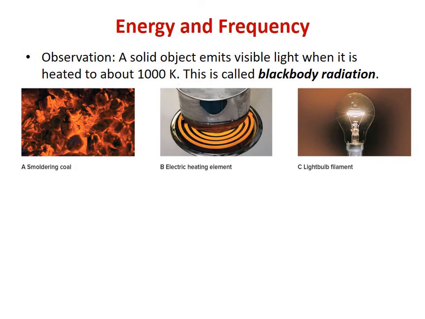We all know that when an object is heated to a high temperature, it emits visible light. In fact, all objects emit light, and this is related to so-called blackbody radiation. We also know that the color of the emitted light is related to the temperature of the object. If you heat an object to high temperature, it may emit red light, but if the temperature goes even higher, the color may change to blue.